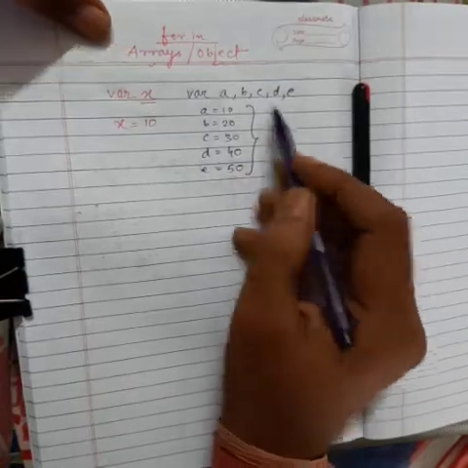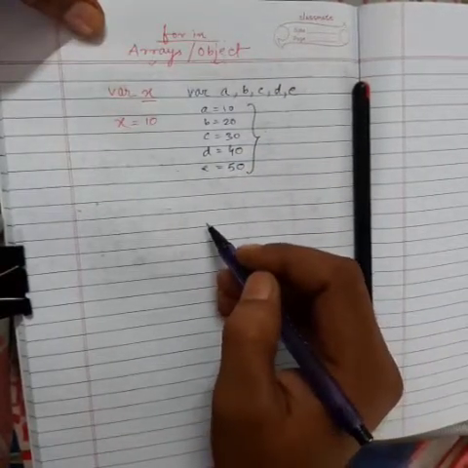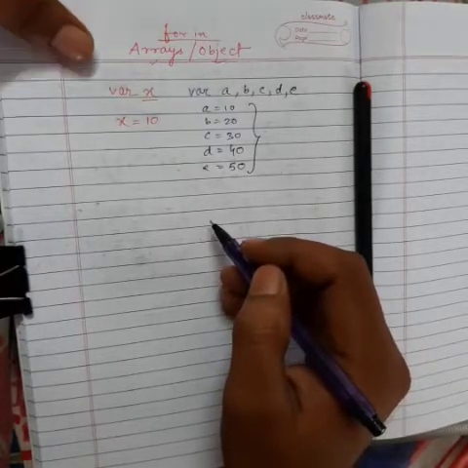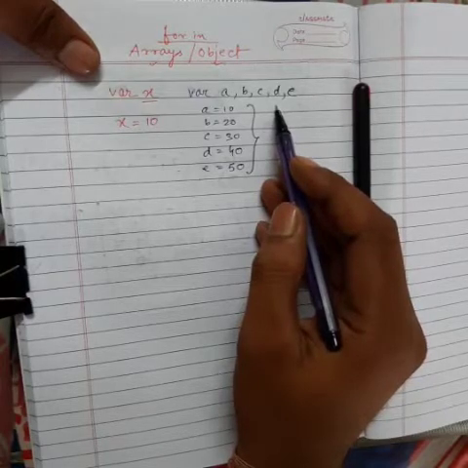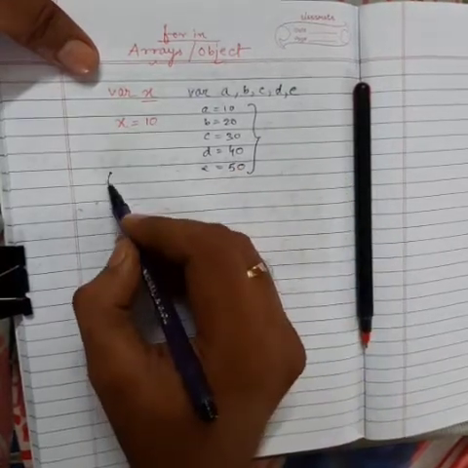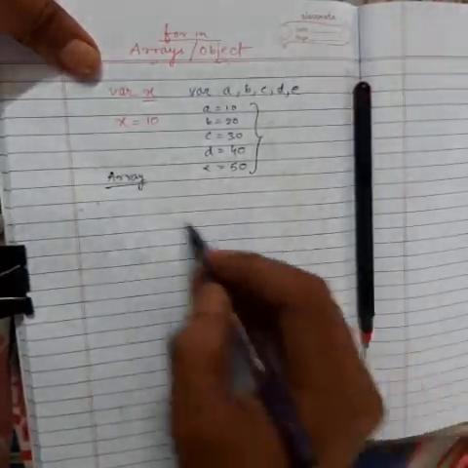So this was the earlier approach we used, but if we have an easier way so that we can hold more than one value in a single variable, for that purpose the array concept is created. So what is the definition of array?